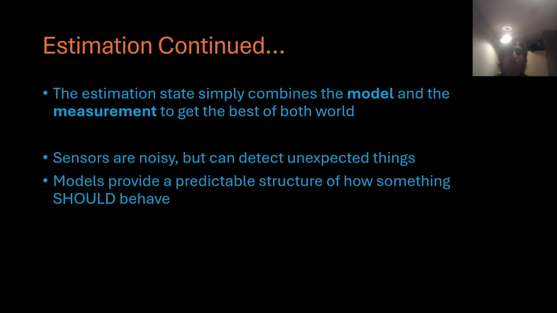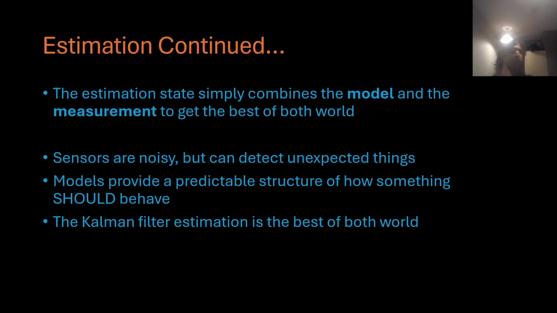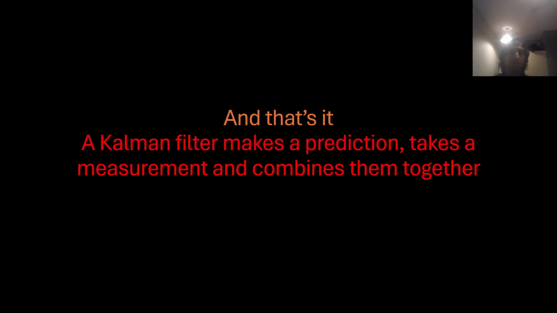They are just a bunch of equations. And a Kalman filter estimation is the best of both worlds. It's taking the best of sensors and the best of predictions and models and combining them together. And that's what makes a Kalman filter very powerful. Yeah, and that's it. A Kalman filter makes a prediction, takes a measurement, and combines them together.